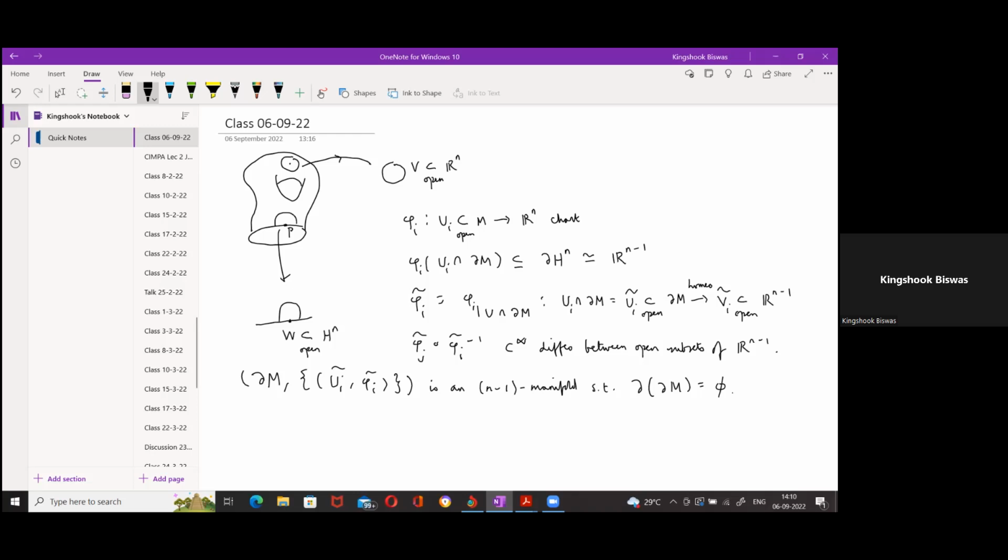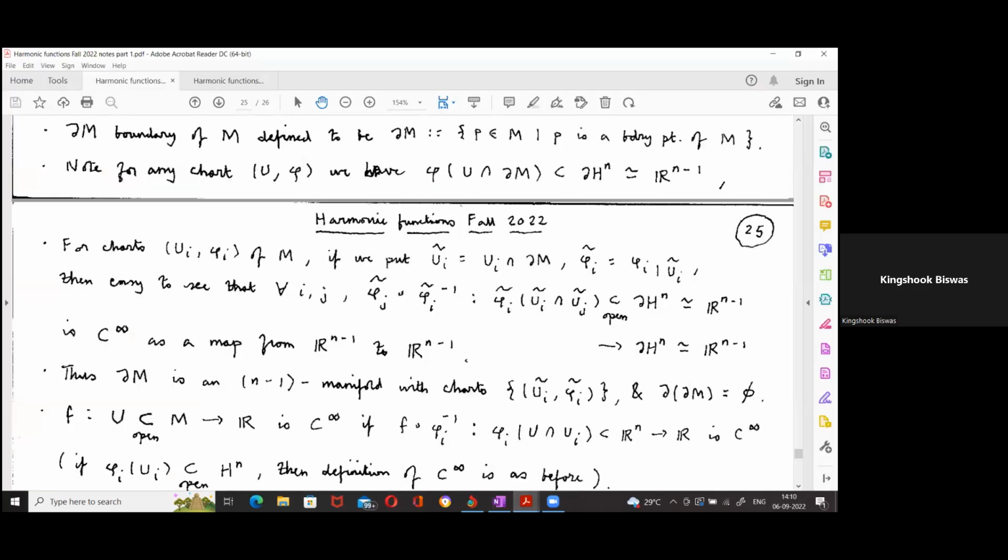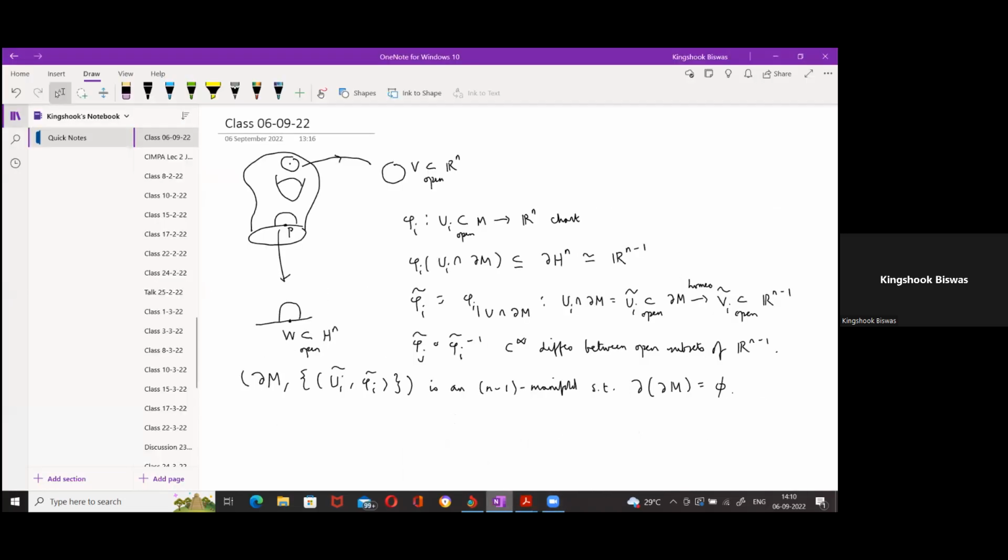So now we want to define, in this picture, at a point in the interior of M, we know what the tangent space is. It's given by derivations at the point of the ring of germs of smooth functions at that point. Similarly, we want to define the tangent space at a boundary point.